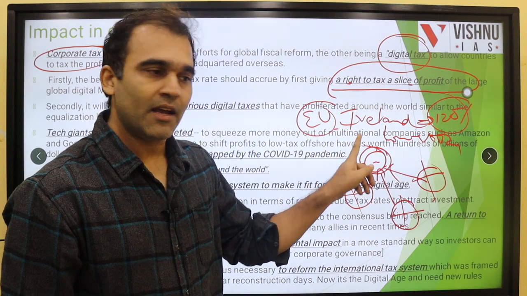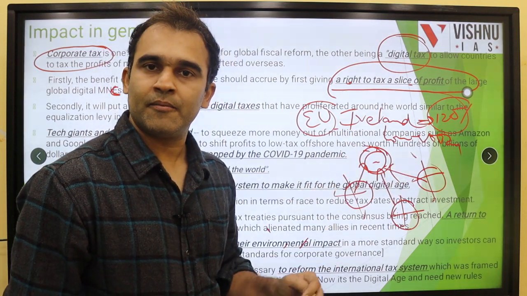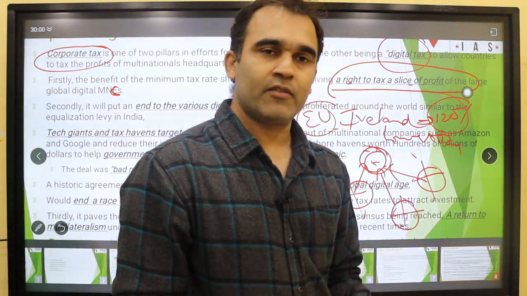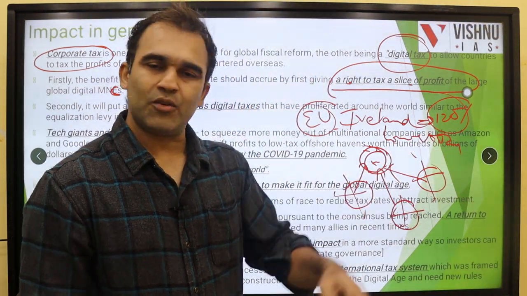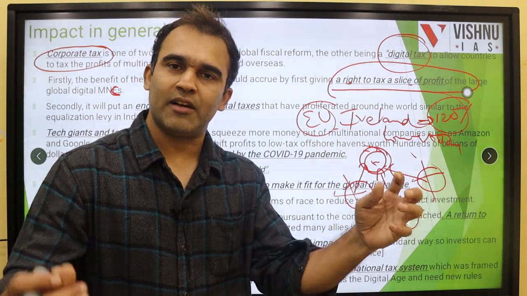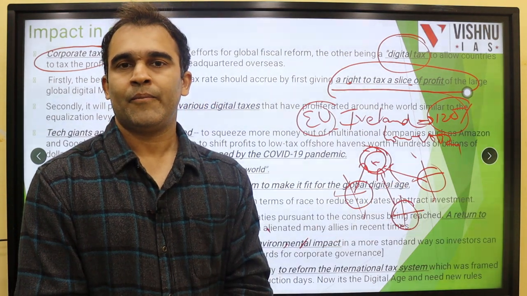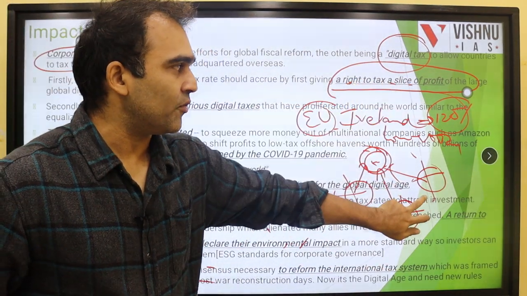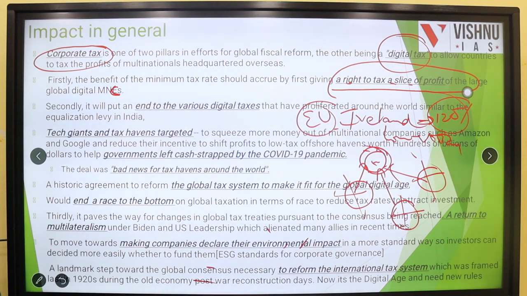So register the company here, transfer all the profits and revenues into Ireland and pay the lowest tax. In fact, they don't even pay that 12.5% because of certain exemptions and agreements between the Irish government and these MNCs. So now this agreement is giving a right to tax a slice of these profits.